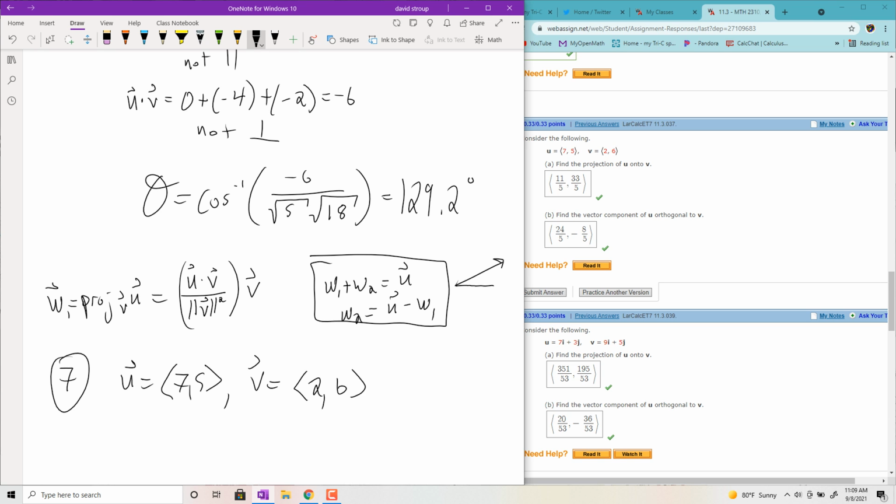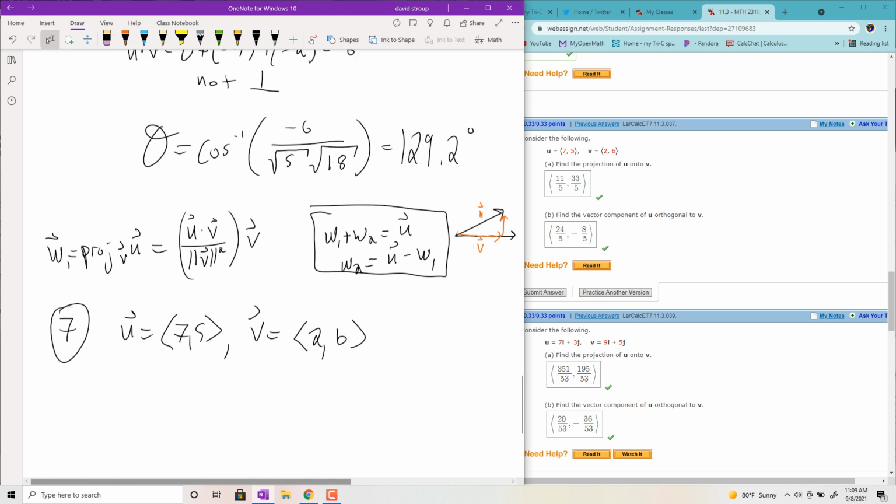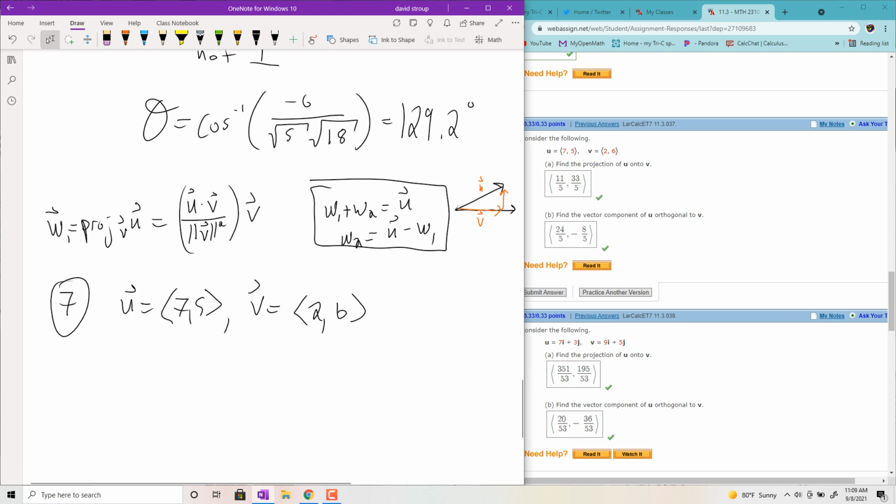So you would have the projection vector W1 right here, and then W1 plus W2 would equal this U vector. This is U, and we're projecting onto V. So anyways, let's find the projection of U onto V.